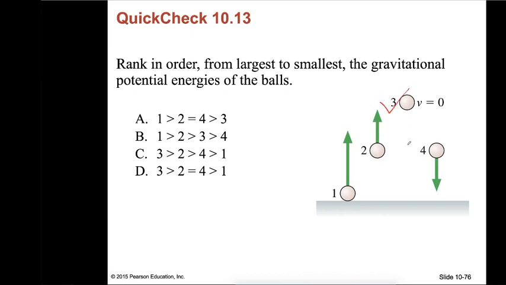The gravitational potential energy depends only on the height. So the third ball is highest, so it has the highest energy. And the second and the fourth have the same height, so they have the same energy. And the first one is the lowest, so it has the lowest gravitational potential energy.